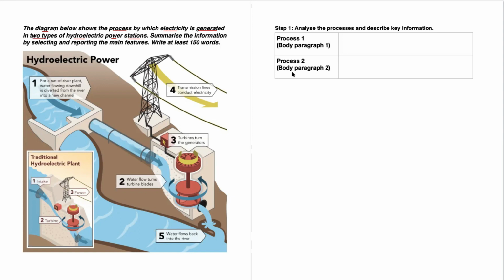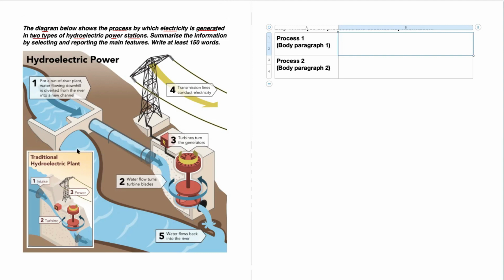That's really the only thing that will change in this case, but we just have to be a bit more analytical when we look at these two processes. So basically what I'm going to do first, I'm going to look at this traditional hydroelectric plant, this smaller one. I'm going to look at this first just because it's smaller and it makes more sense for me to approach this first. And I want to understand how it's different from this hydroelectric power.